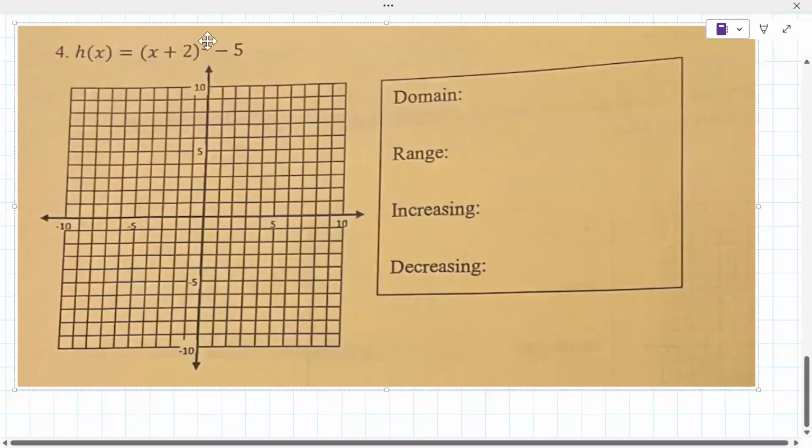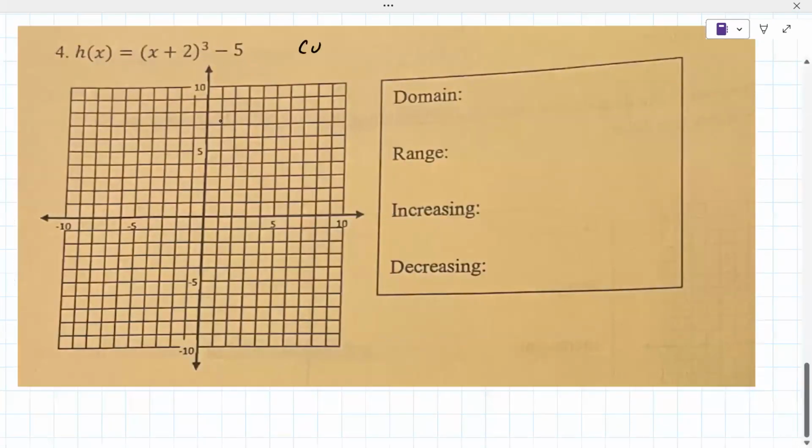Okay, so yet another parent function. This one is a cubic. And it doesn't have a vertex, but it has kind of the same feature where you want to know the equivalent of a vertex, but it's not called a vertex. It's like this point that's related to the part inside parentheses and outside here.